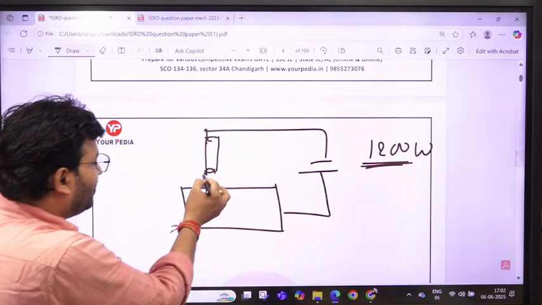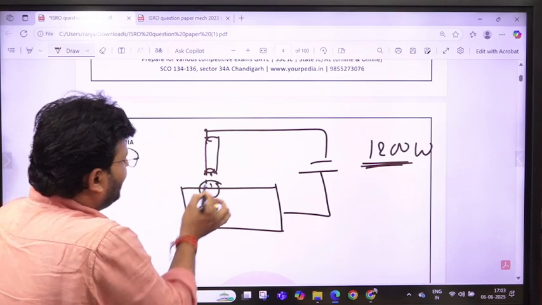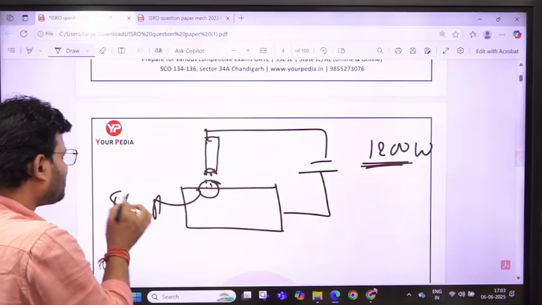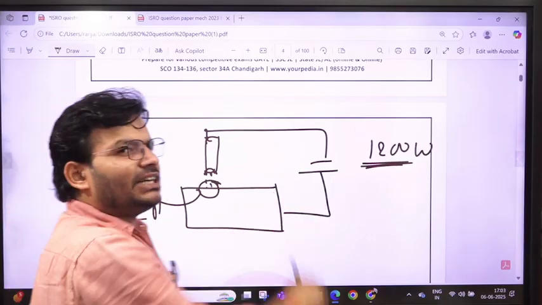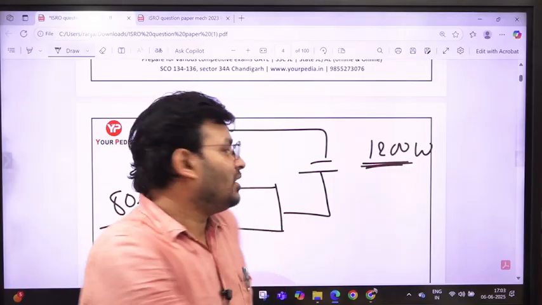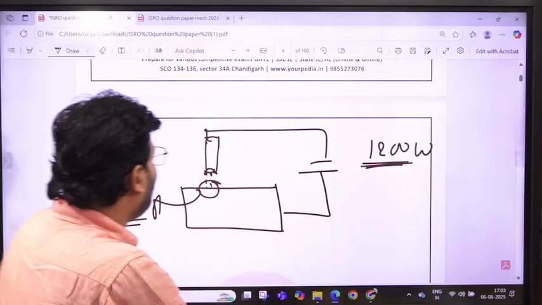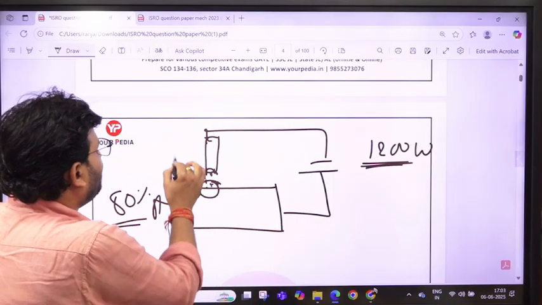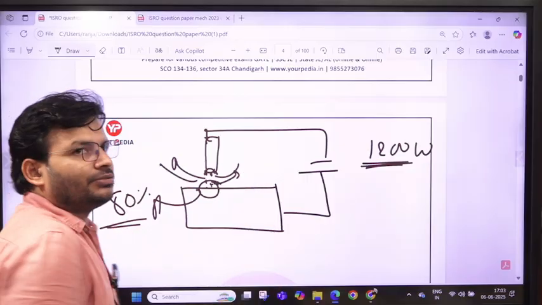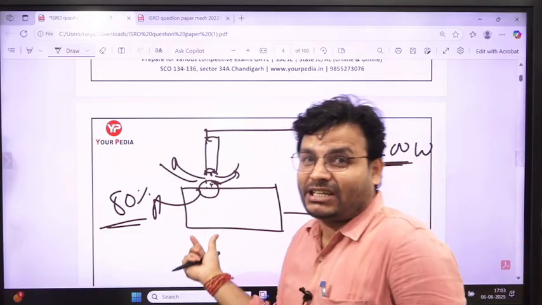That is coming from that source. But the efficiency is given here as how much percent? 80%. Means whatever energy is coming, only 80% is going to be utilized for the heating purpose. The rest 20%, what is happening, my dear friends? Whatever is coming into the arc could go in the form of radiation or convection. So only 80% is reaching there.